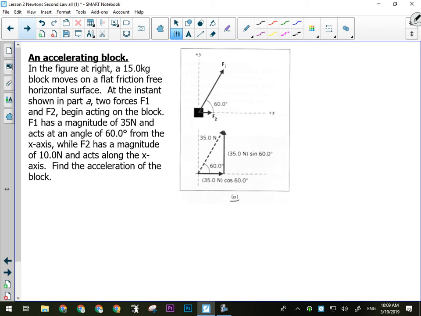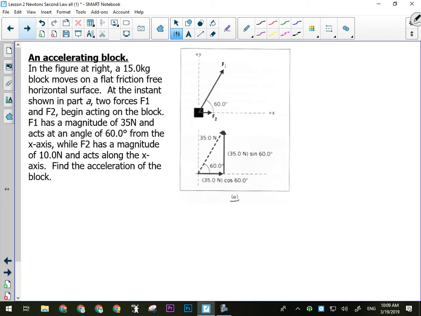That said, try this one. It's not a snowball, it's a block, but it's just like the snowball I just drew you. So give it a try. The two forces are: force 1 is 35 newtons, 60 degrees from the horizontal, and force 2 is 10 newtons along the horizontal.